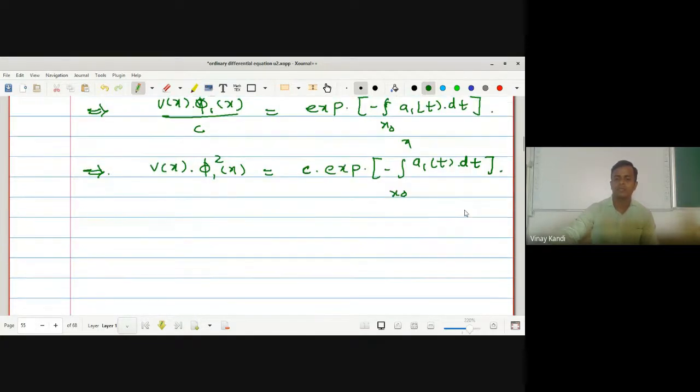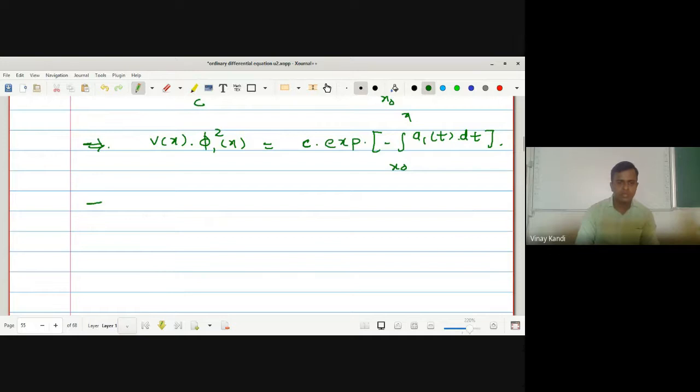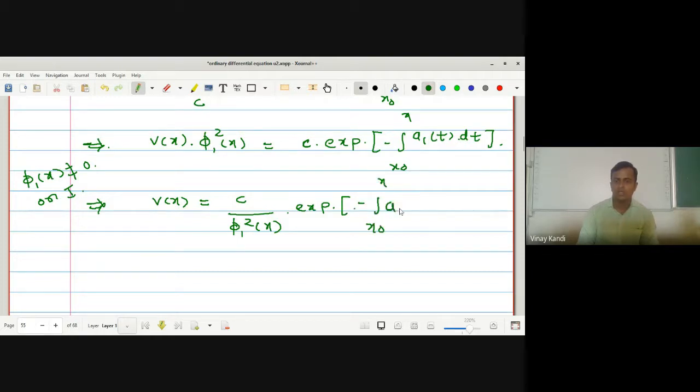Which implies, but we know that phi1 of x is not equal to 0 on I. Hence, we can divide the whole equation by phi1 of x. So here we get phi1 of x into v of x is equal to c upon phi1 square of x into exponential of minus x naught to x integration a1 of t dt.